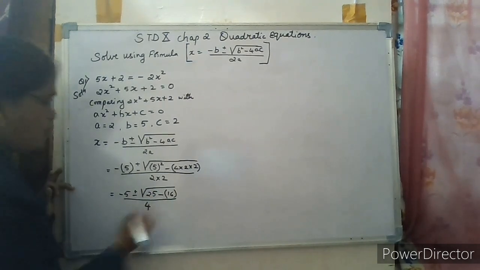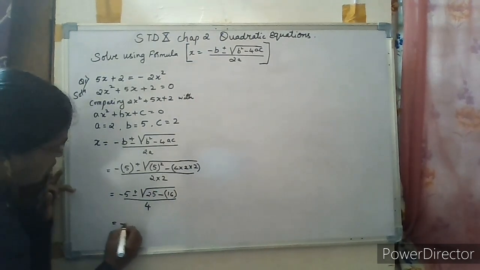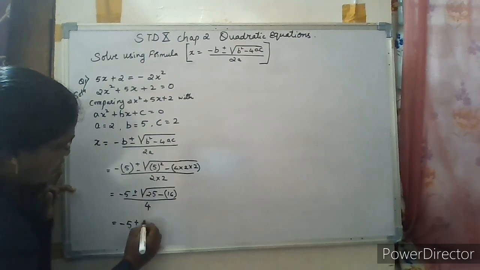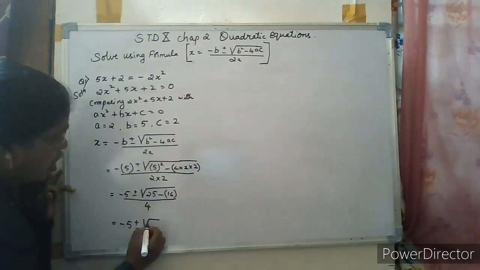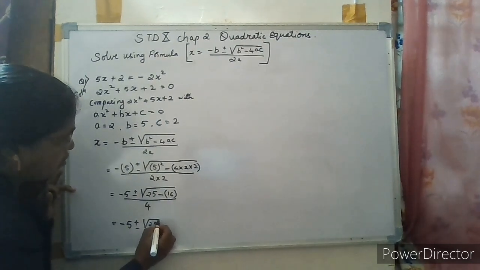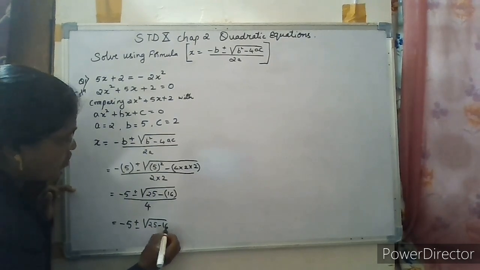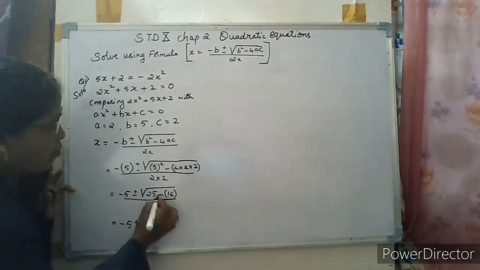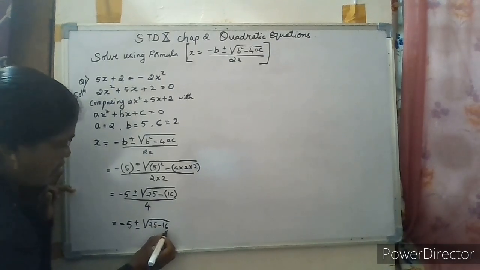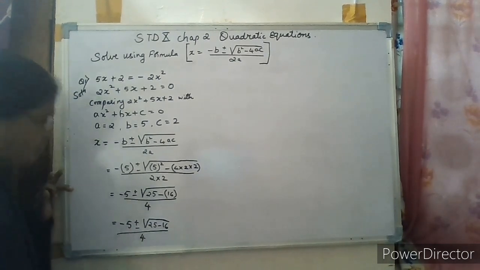Upon 2 twos are 4 here. So it is equal to minus 5 plus or minus root of 25 minus 16. Plus into minus is minus. Upon this 4 as it is.